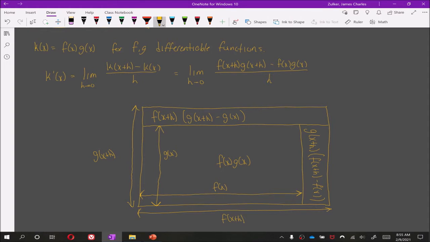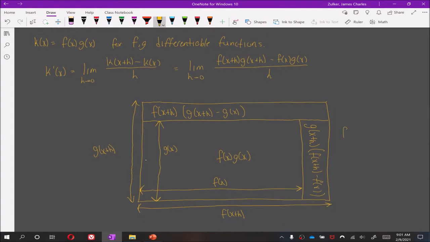Now the area of this entire rectangle would be f of x plus h times g of x plus h.